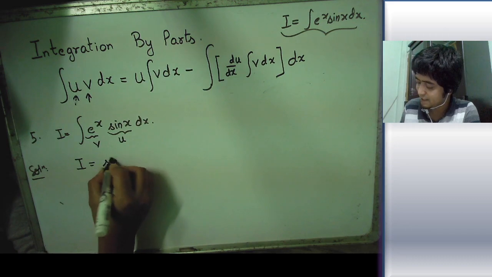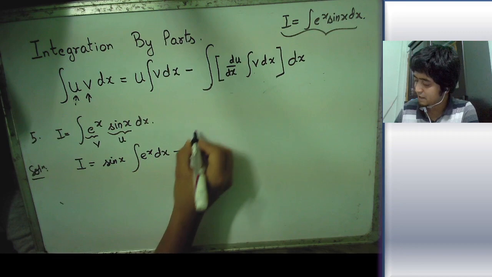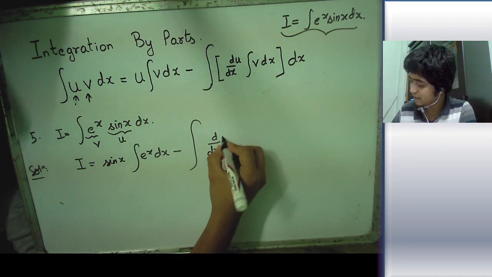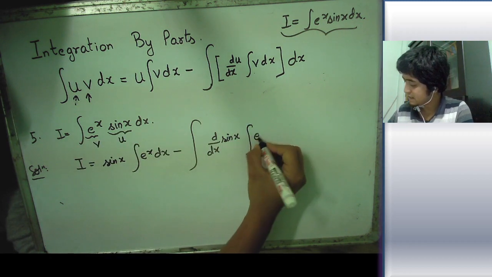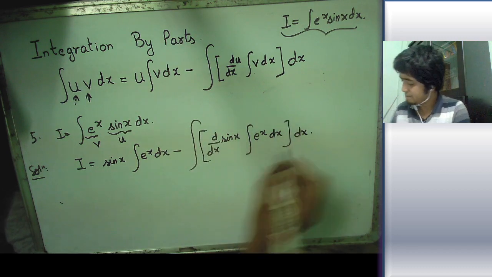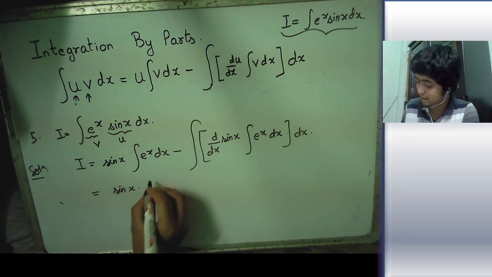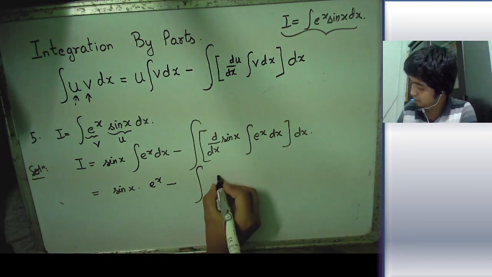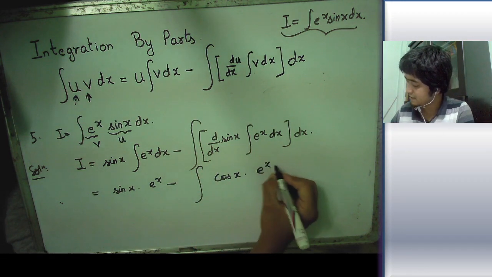You will have sin x times integration of v, which is e^x, minus integration of d/dx of u, which is cos x, times integration of v, which is e^x. So this is what we have. Sin x, integration of e^x gives you e^x, differentiation of sin gives you cos, and then you will still have e^x dx.